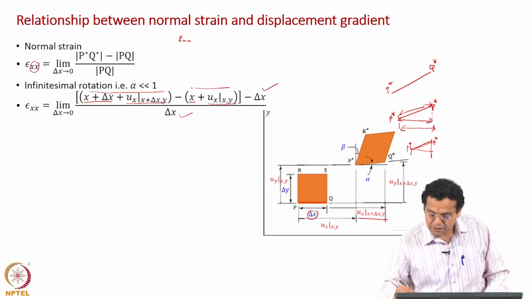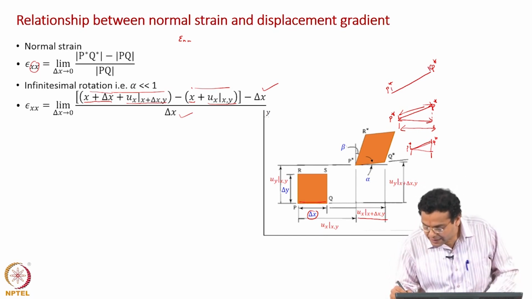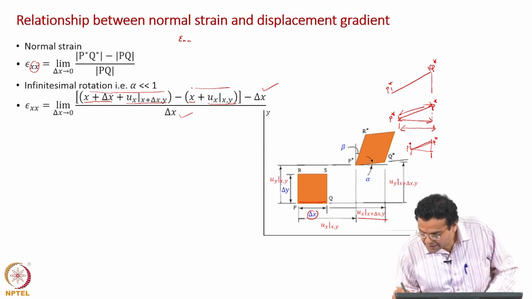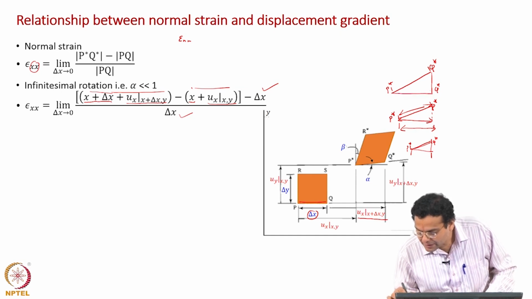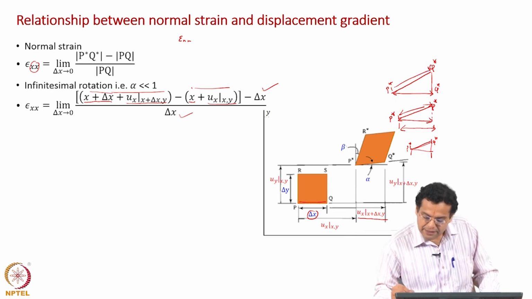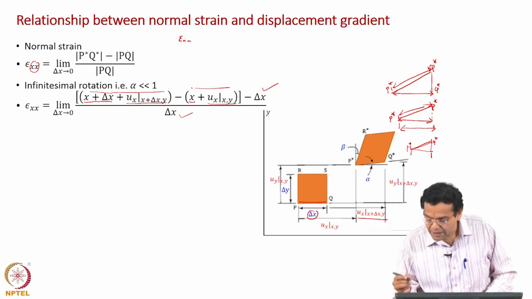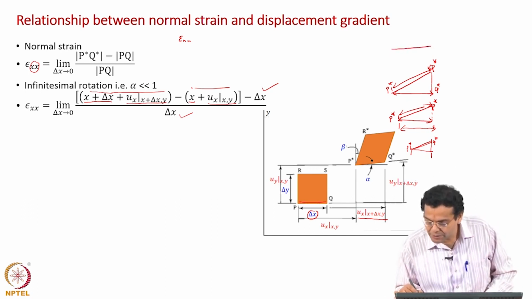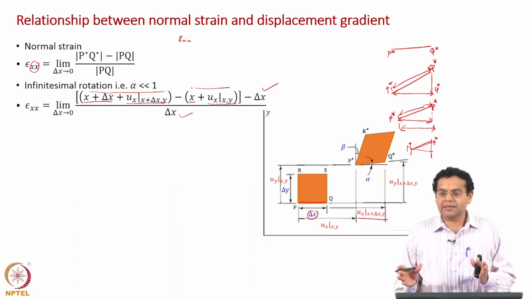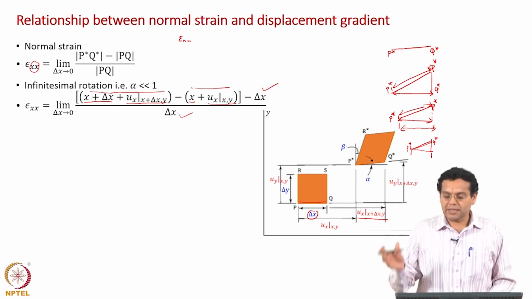Because alpha is very small, instead of that Q*, I take the projection and find only this length, assuming that this length is the same as the actual length, which is valid when alpha is very small. Now let me draw the projected P*Q*. What is the length of this line? The difference in x coordinate, that is all: the x coordinate of Q* minus the x coordinate of P*.